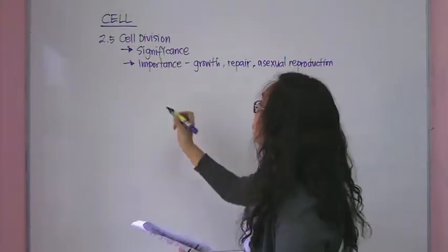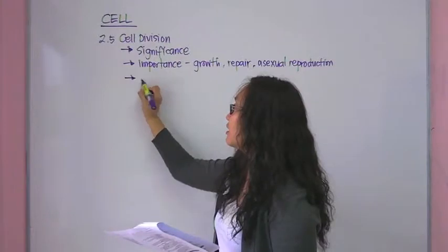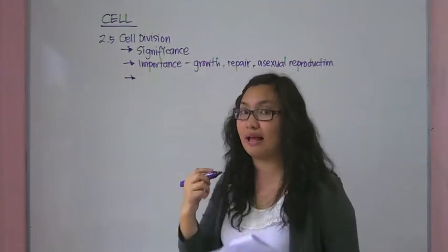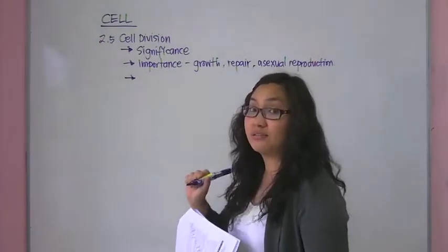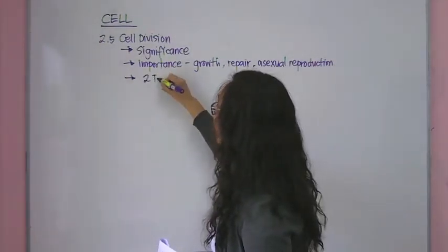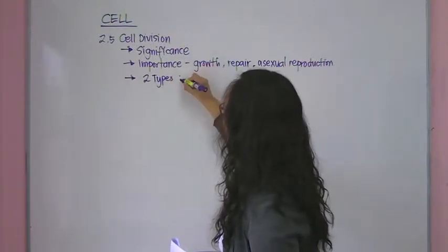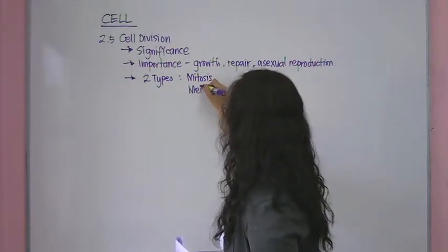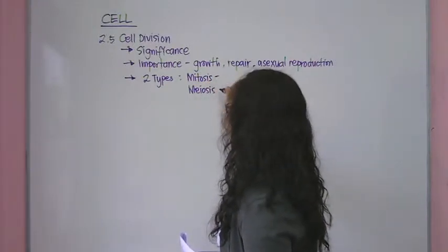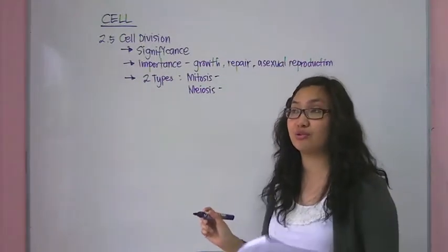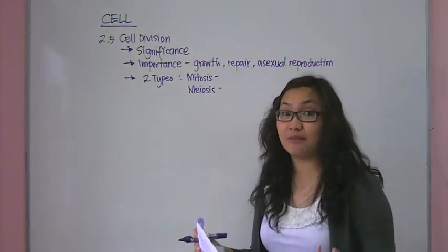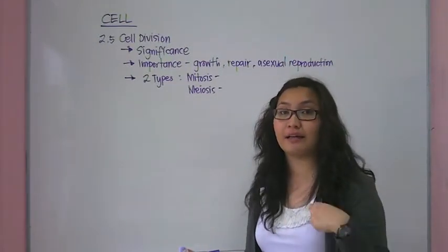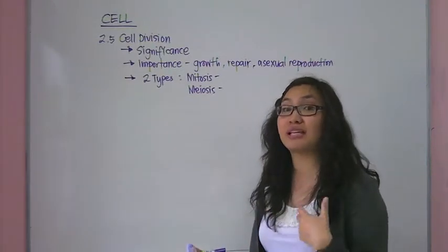Okay. So under cell division, once you have discussed the significance of this area, then we should also elaborate the things that are included in cell division. We have two types of cell division: mitosis and meiosis. You also need to elaborate the significance of these two types: mitosis produces identical cells, whereas meiosis produces haploid cells, having half the number of chromosomes, producing gametes.